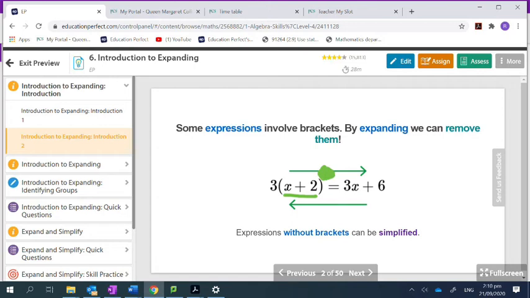Then there's not one. Is there a coefficient? Yes. That means take every term inside and multiply it by what? The 3. And inside I have how many terms? 2 terms. An x and a positive 2, not a 2, right? Positive 2. If you don't have a sign, you're going to cause yourself some trouble.